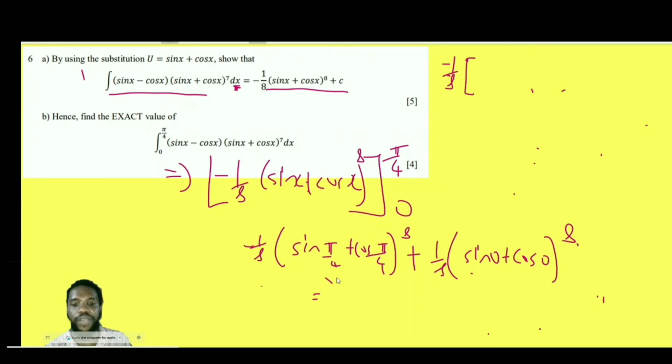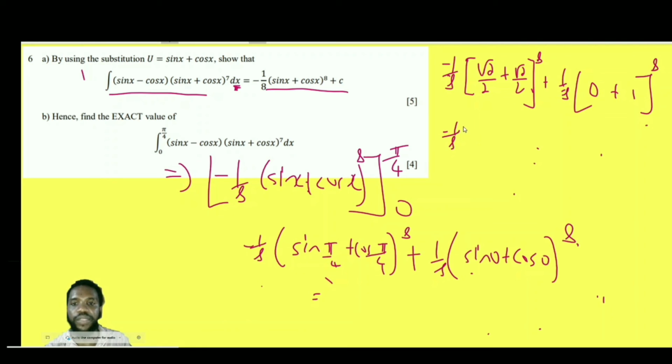The sin of pi over 4 is going to give me root 2 over 2. Cos pi over 4 is going to give me root 2 over 2 as well, to the 8, plus 1/8 open bracket sin 0 is 0 and cos 0 is 1, so I'll have everything to the 8.